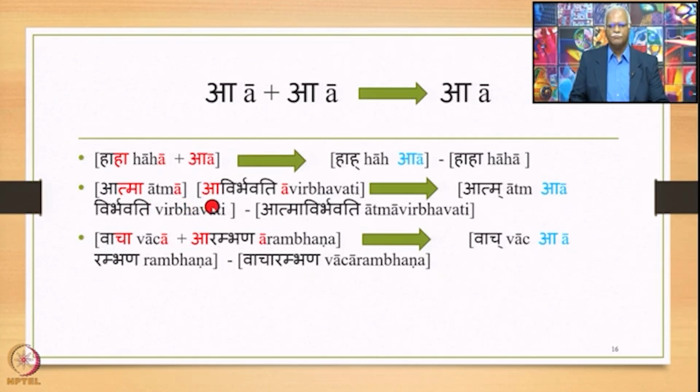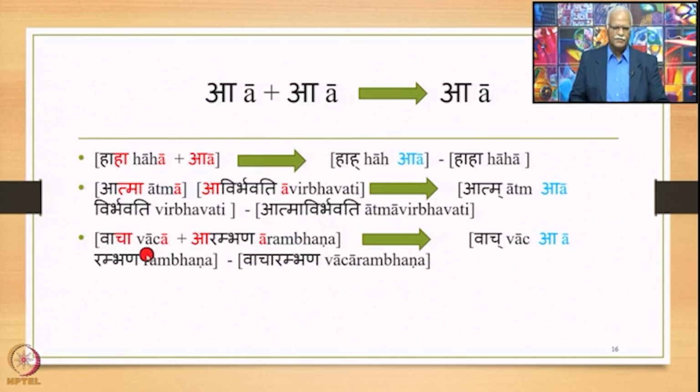So both of them get substituted by the long variety, that is long A. So we have the output generated by the application of 6.1.101, namely Atma, A and Virbhavati. When we join them together, we get Atmavirbhavati. This is the sandhi between two padas as part of the sentence.